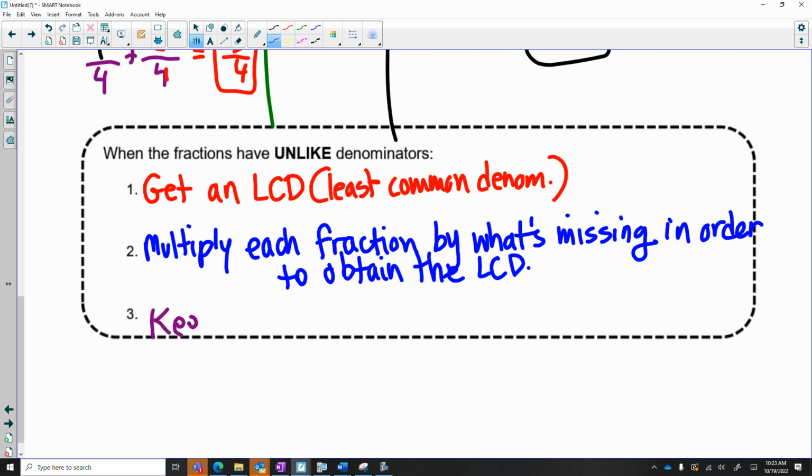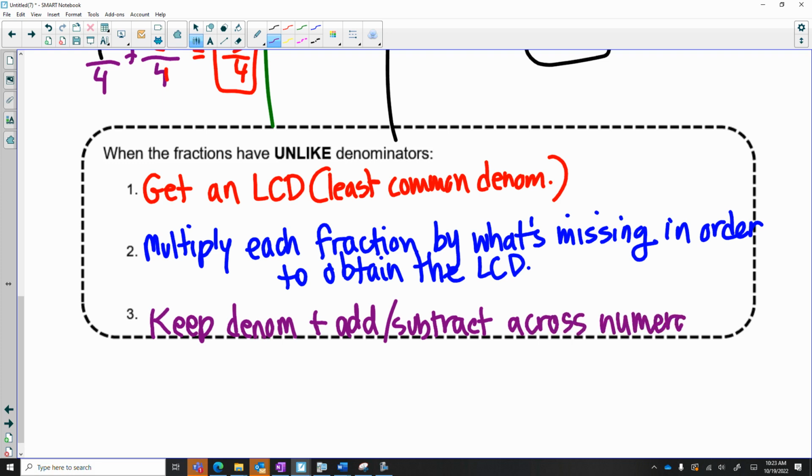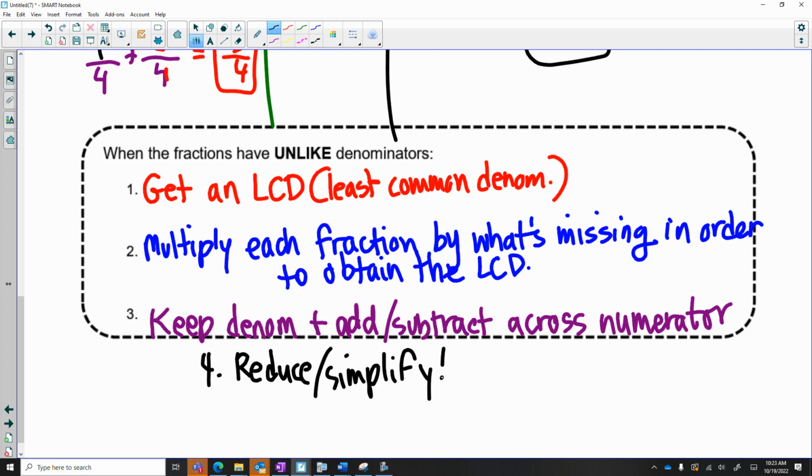Then keep the denominators and add or subtract, aka combine, across the numerator, which is the top of the fraction. And then remember, at the end, last step is reduce if you can. So you may need to reduce by factoring and simplify at the end. Okay, there you go.